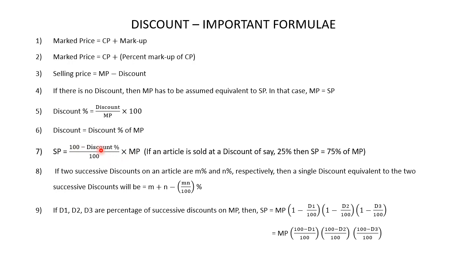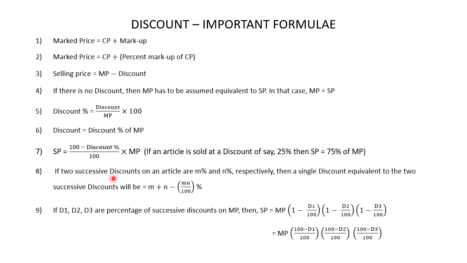That is 100 minus 25 is 75. 75 divided by 100 is nothing but 75%. So selling price will be equal to 75% of marked price. Now supposing an article is sold at a discount of say 30%, then selling price will be equal to 70% of the marked price. Hope you have understood this.